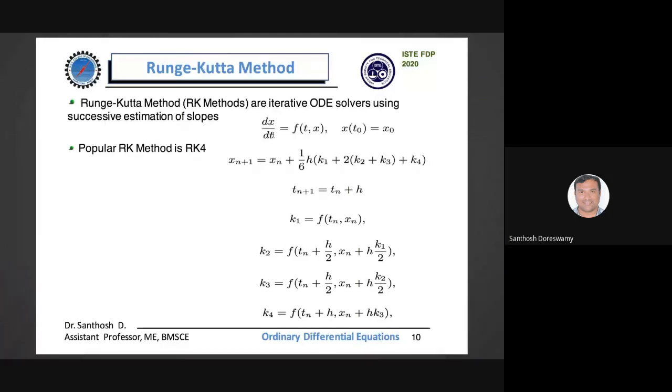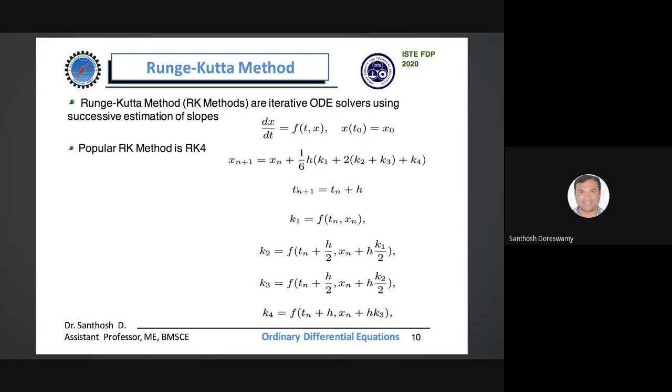Now what we'll try to do is set the time to have an initial value which is t naught. The next value of time, tn plus 1, refers to tn plus an incremental step size that is known as h, or you can also call it delta t. So tn plus 1 equals tn plus delta t.